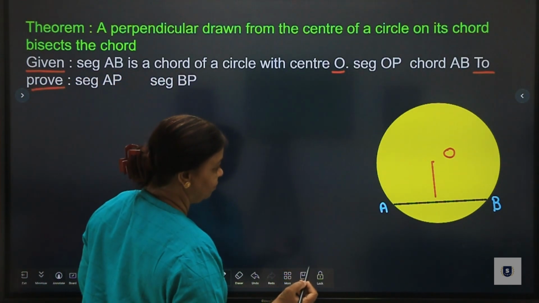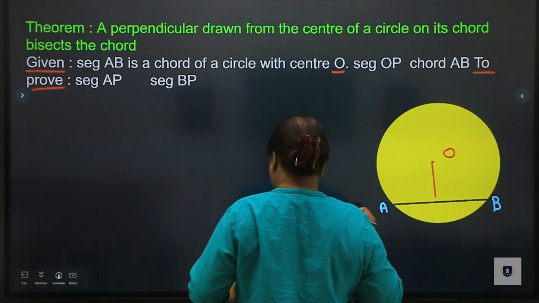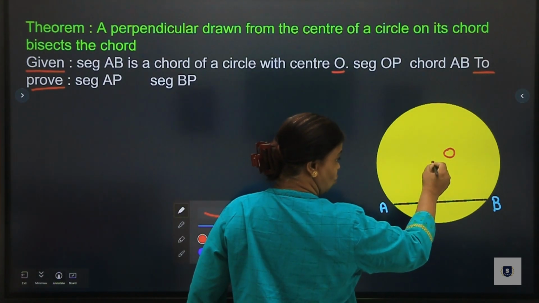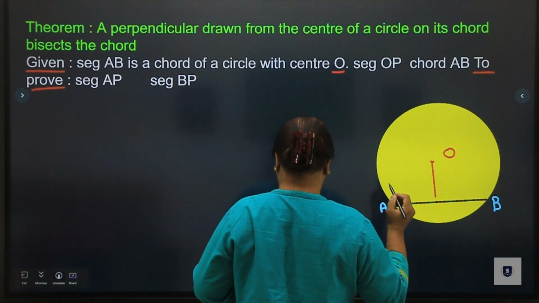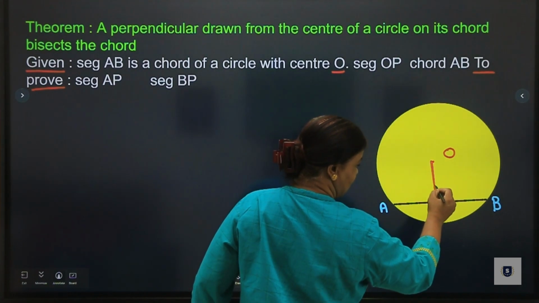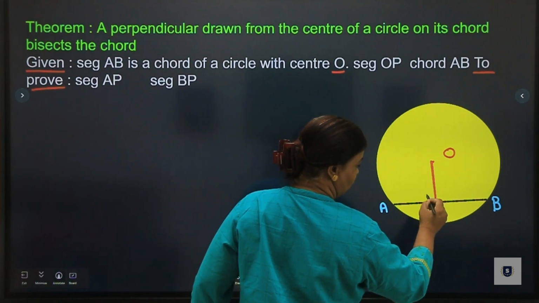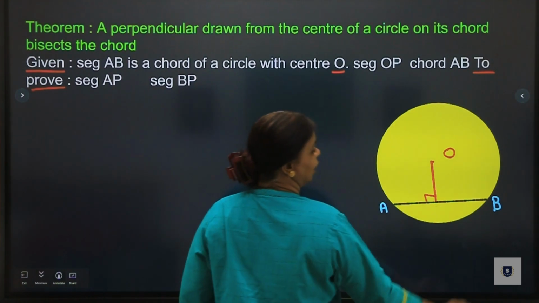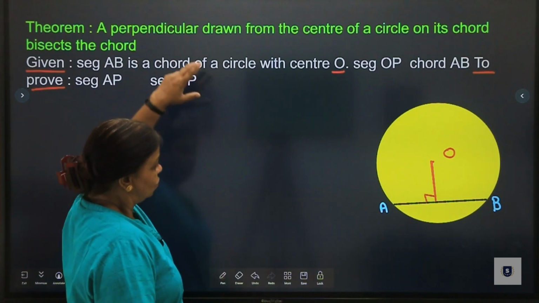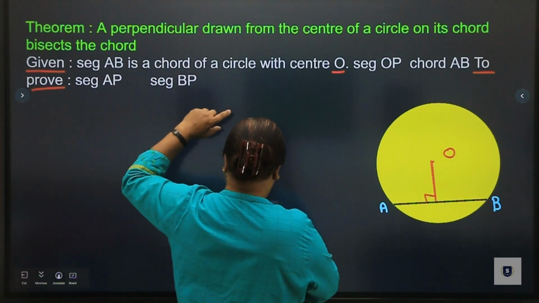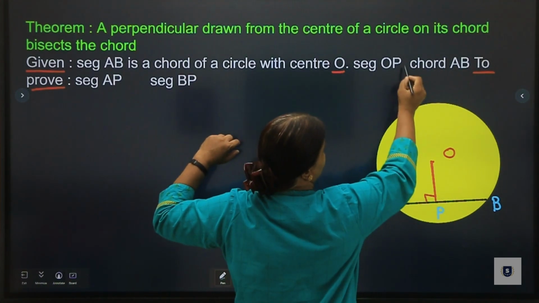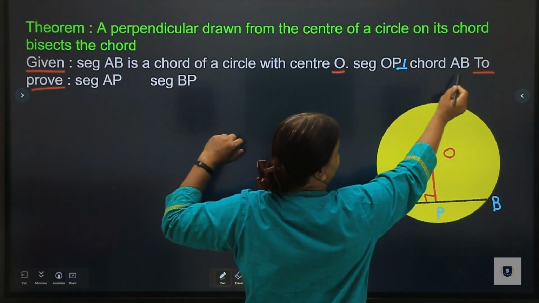Segment AB is a chord of a circle and OP is a line which is drawn from the center to the chord. This is the line which is drawn from the center to the chord and this line is perpendicular to the chord. Okay. So we have to just write it here that segment OP is perpendicular to chord AB.